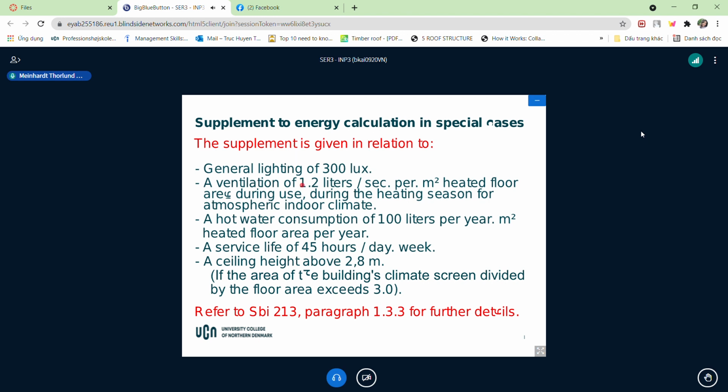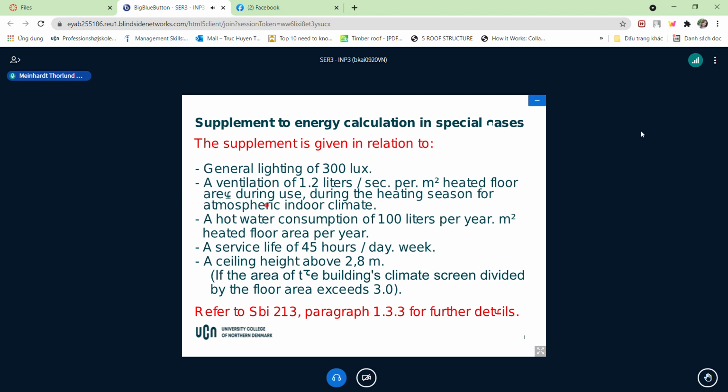And now I'm going to give you specific cases of where this could happen. If the light requirement for the building is above 300 lux, you get extra, your energy frame will be higher than the requirement. You have a ventilation system that is needed during the heating season for the indoor climate.